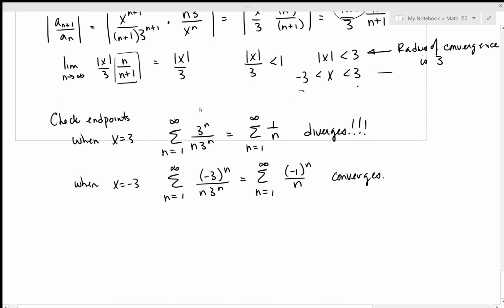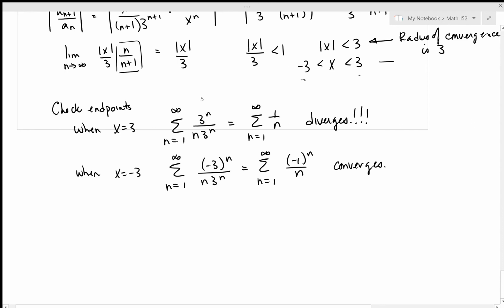So it converges at the left endpoint, but not at the right endpoint. So I can write here that the interval of convergence is this. Converges at minus 3, does not converge at 3, and converges everywhere in between via the ratio test.